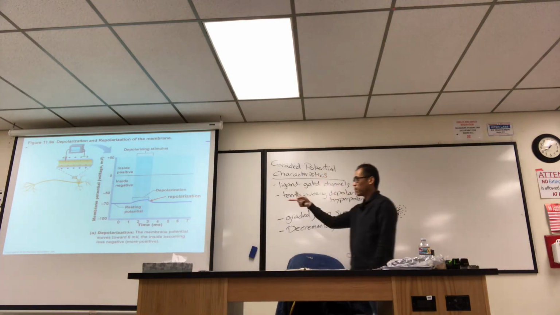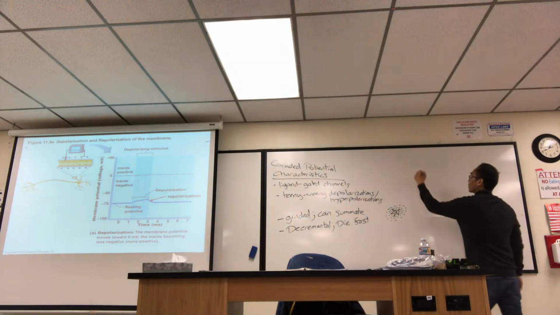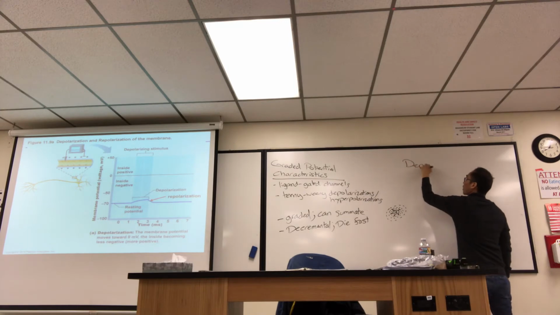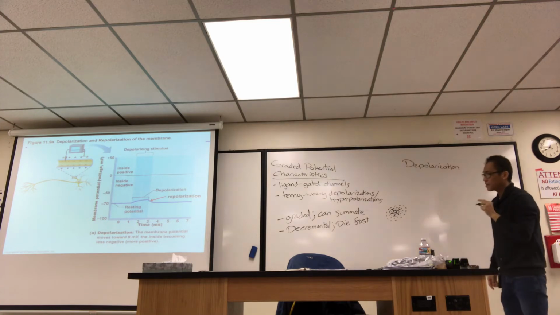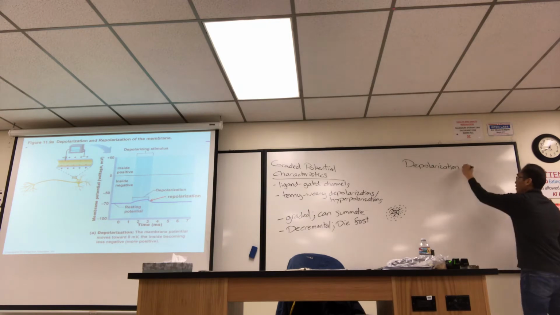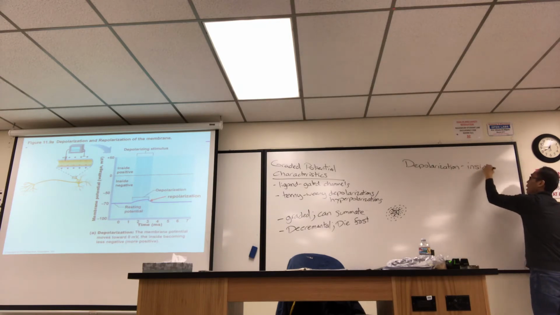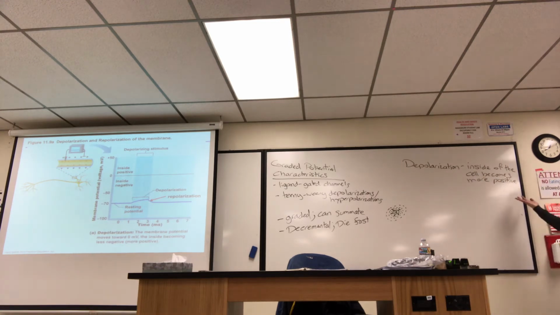All right, so let me explain literally what's going on in that little blip there. In a depolarization, the inside of the cell is becoming more positive or less negative, however you want to think of it. So inside of the cell becomes more positive.